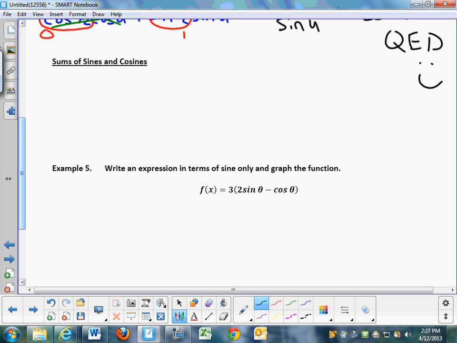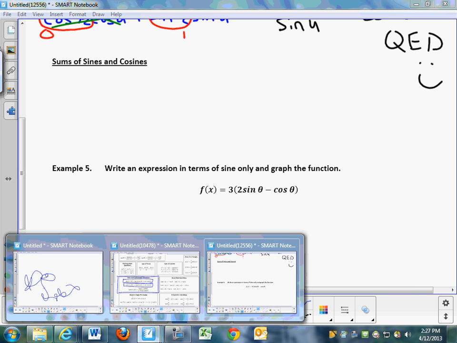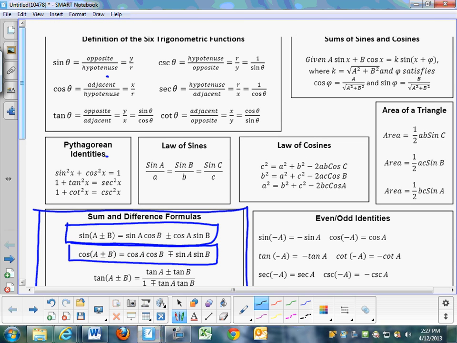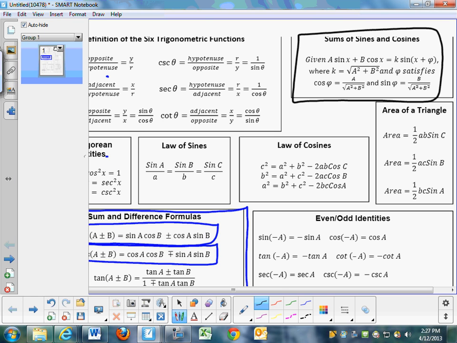Oh, all right, good for you. Sums of sines and cosines. This one's going to take a little while. So, if you look at your sheet, this is what we're going to be writing down. If you don't want to write the whole thing down, then just tell yourself to look at your sheet. But I'm going to write down this piece right here. Okay, sums of sines and cosines.